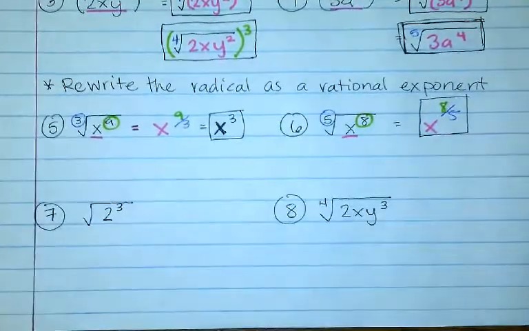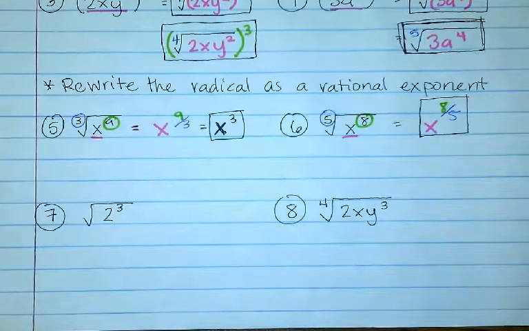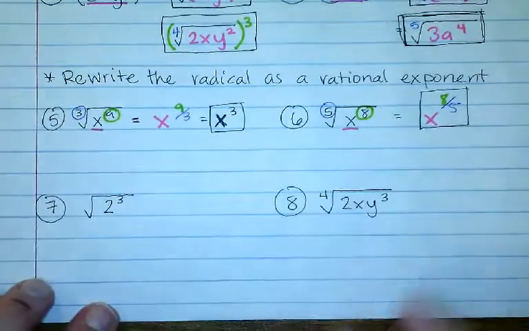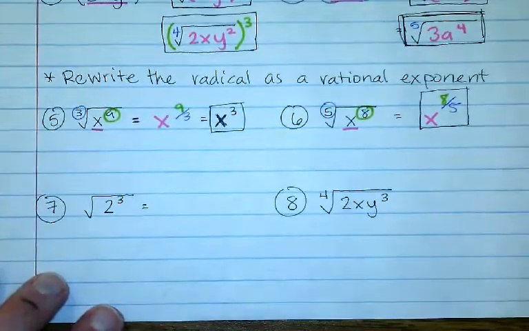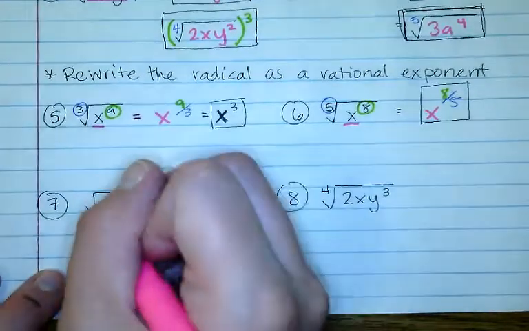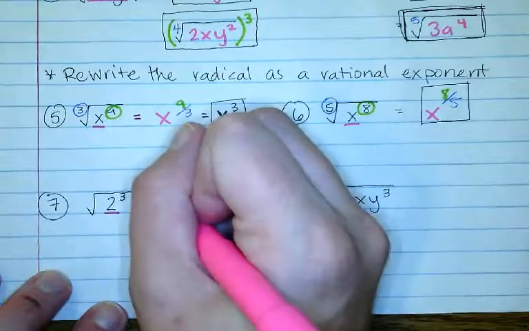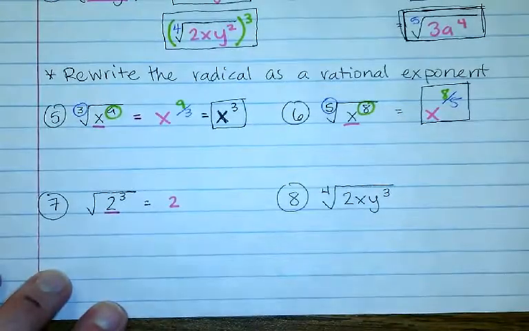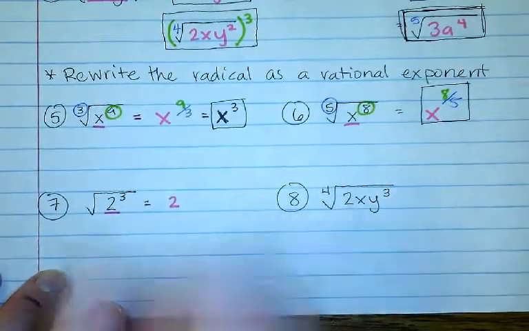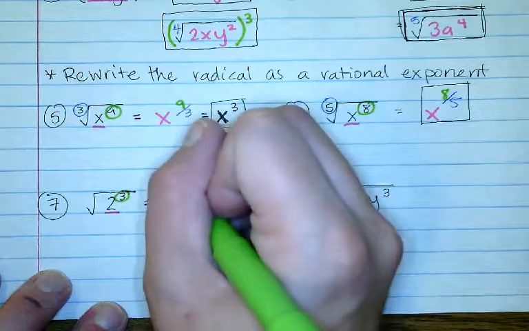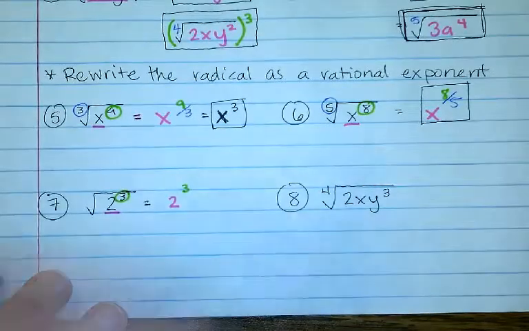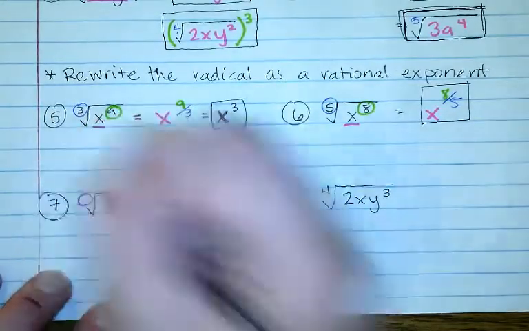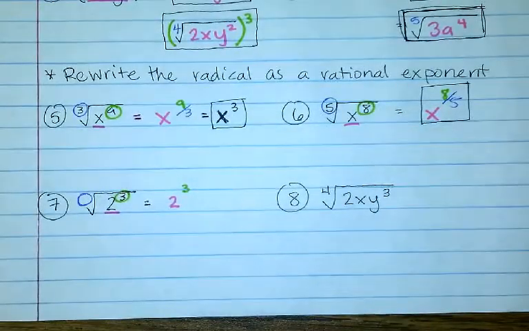All right, so now let's take a look at this one here. So what is my base for number 7? 2. All right, what is the numerator of my exponent going to be? 3. And then, y'all, what is the root here? What is this root? Do we have anything right there? Now, guys, what do we call this symbol right here? It's a square root.